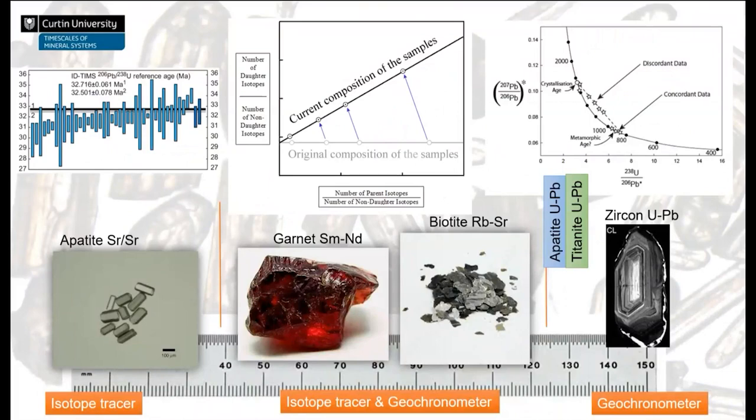So when I think about geochronology and isotope geology, I think of it as a scale from techniques, isotope systems and minerals at one end that are geochronometers, and at the other end, isotope tracers. And we're going to have talks later in the day that cover this isotope tracer end. But at this end, we're looking at clocks. And we tend to use specific diagrams for that in the uranium-lead system.